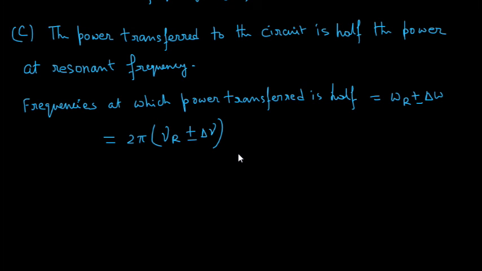What you have done here is that omega is equal to 2 pi nu, so you have converted into 2 pi nu and taken 2 pi as common, where delta omega is equal to R upon 2L. You have to remember these formulas.